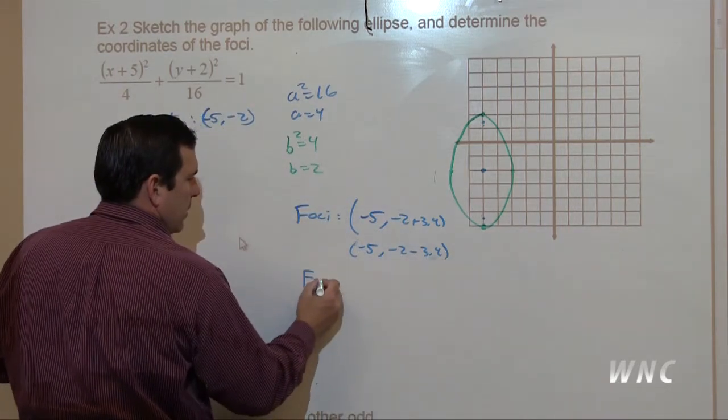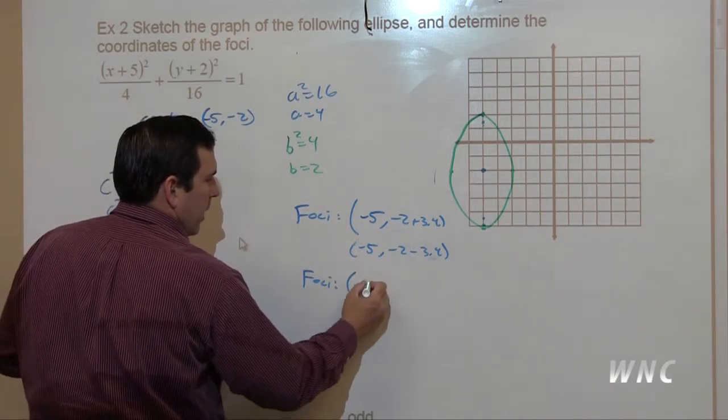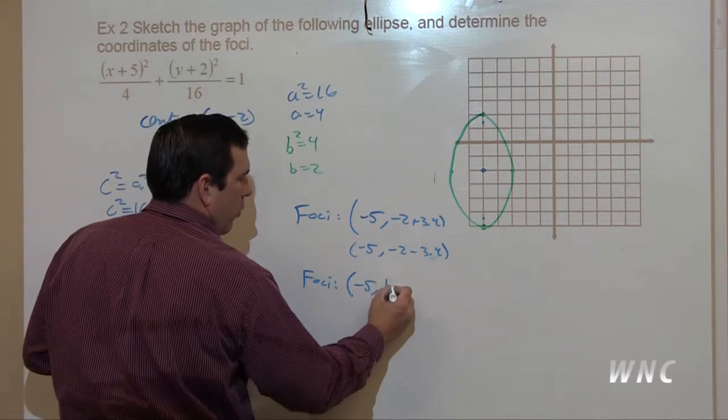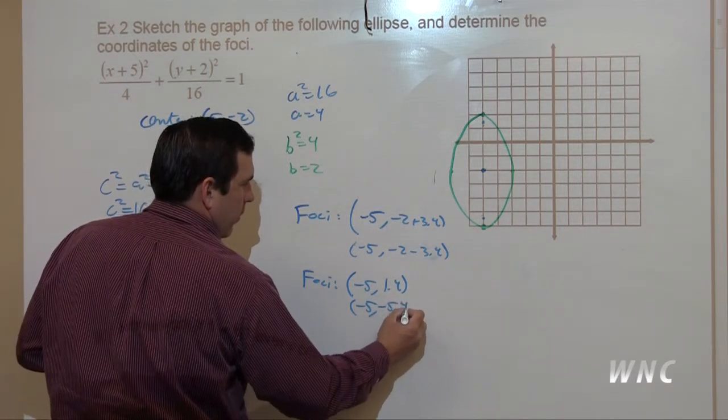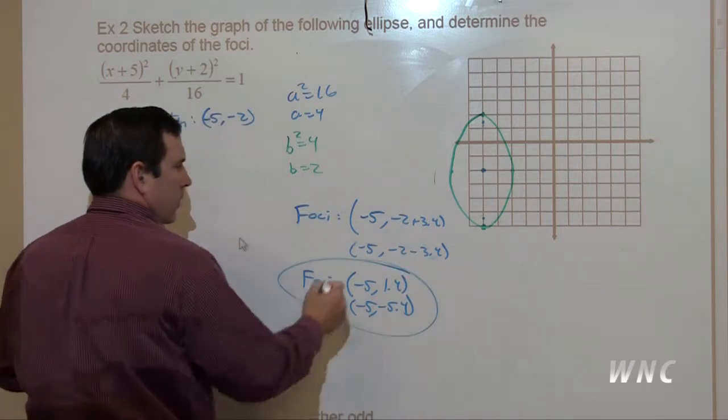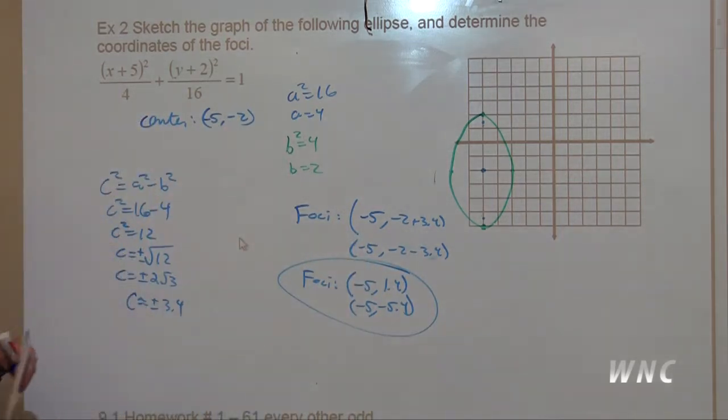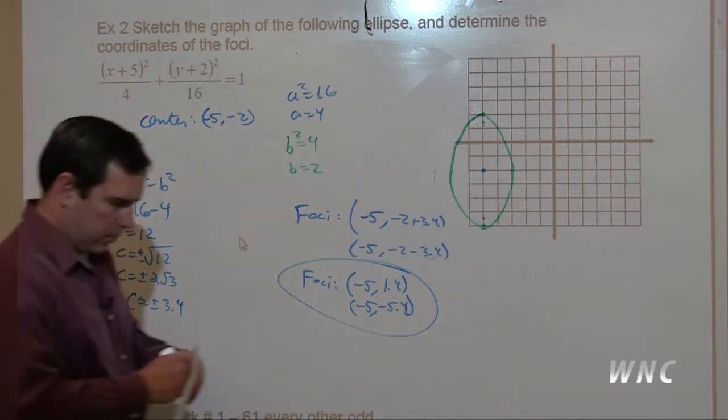So we could say the foci are located at (-5, 1.4) and (-5, -5.4). There we go. And that is the graph of our ellipse, and that is the location of the foci.